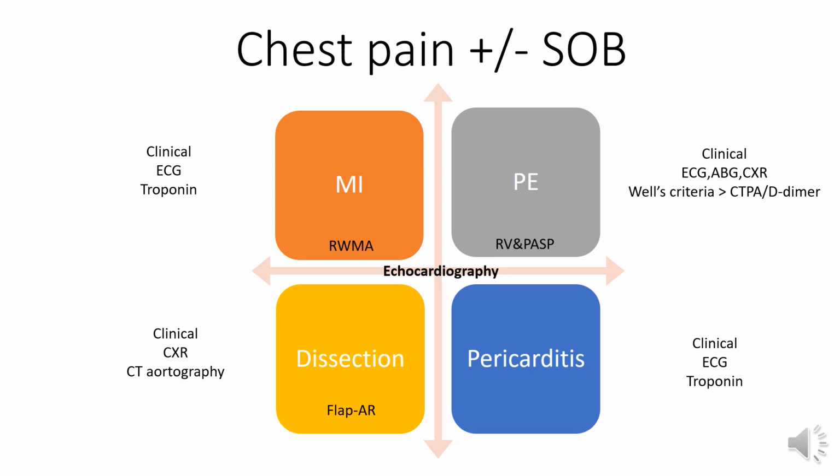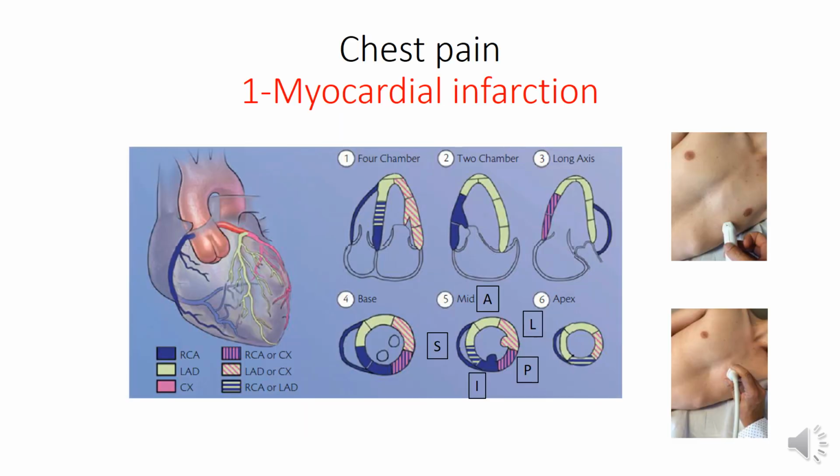If we see the dissection flap or its secondary effect, with an associated aortic regurgitation, it might direct us to dissection. If we have effusion, it might direct us also towards pericarditis.